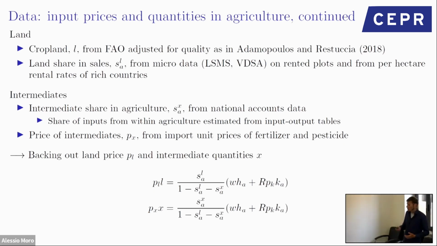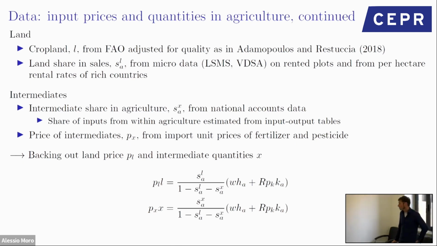So we net that out using input-output tables by focusing on the part that is coming from non-agriculture and is used in agriculture. From the input-output tables and national accounts, we then directly have the shares. But what remains to be constructed are the prices. That was another challenge because the last price survey the FAO was running was from the 90s, and basically all the poorest countries are missing.